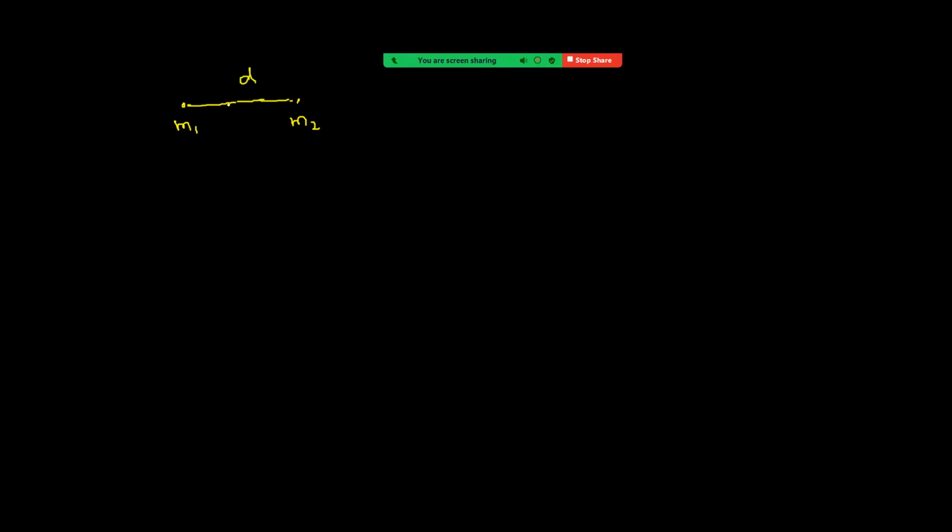Then the distance of the center of mass from m1, take it as r1, and that from m2, take it as r2. Then r1 is equal to m2 d by m1 plus m2, right? This is what we have learned in center of mass. And r2 is equal to m1 d by m1 plus m2.